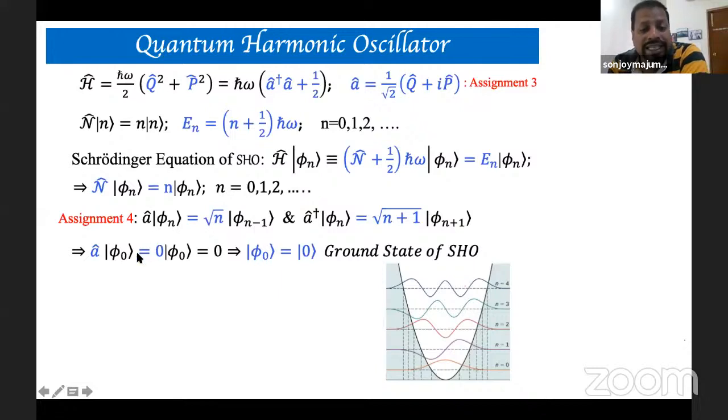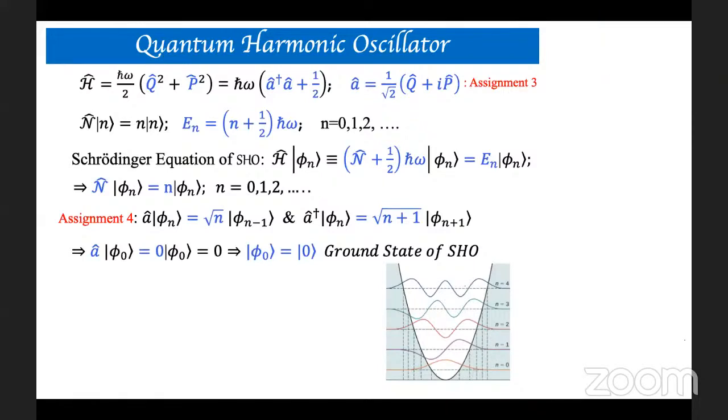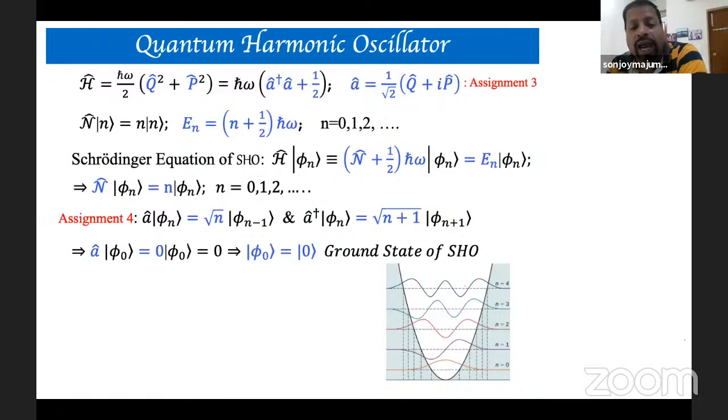The application of the annihilation operator on the n equal to 0 level brings you to a dead end. You don't have any scope to annihilate, no way to bring down the energy level. Since it is the lowest in energy, you call it the ground state of the simple harmonic oscillator.